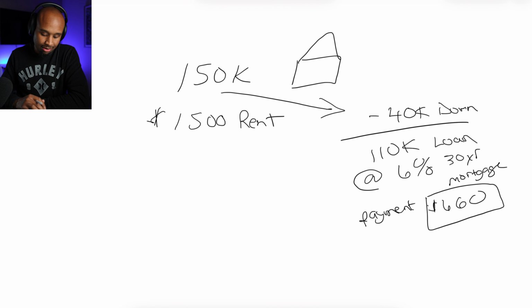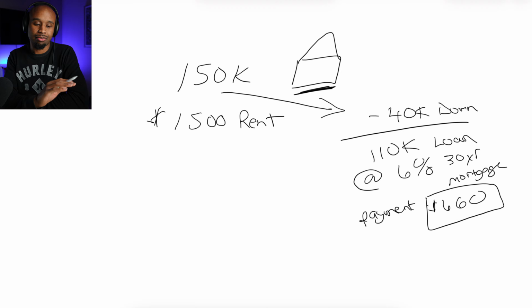Now with taxes and insurance, let's add, this house here that I was looking at, the taxes on this house, because of the area that the house was in, the taxes weren't that much. So I think they were like $70 to $100. Let's just say $100. Let's just add $200 for taxes and insurance.